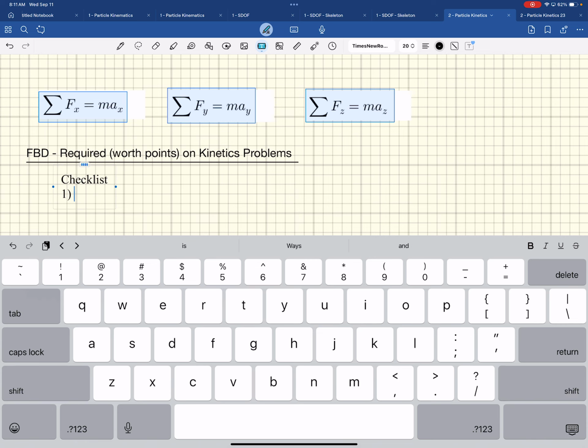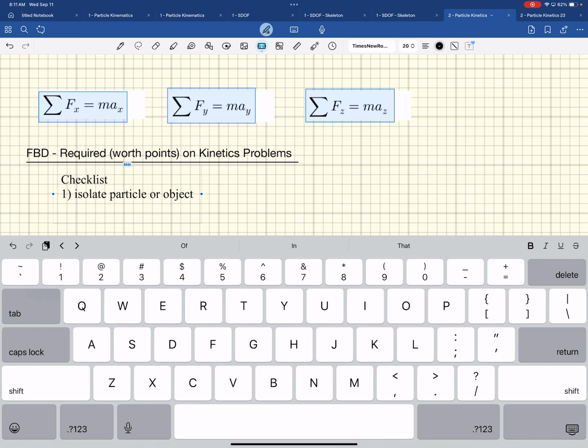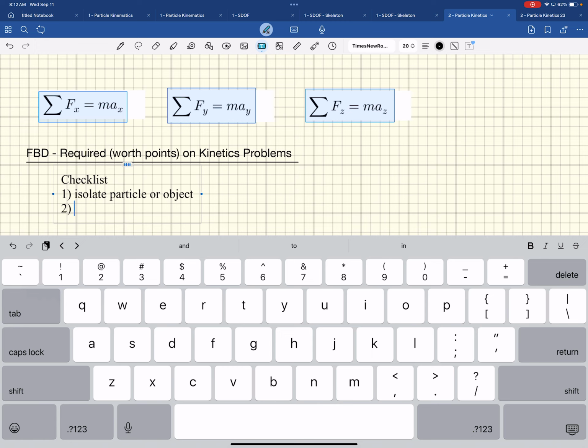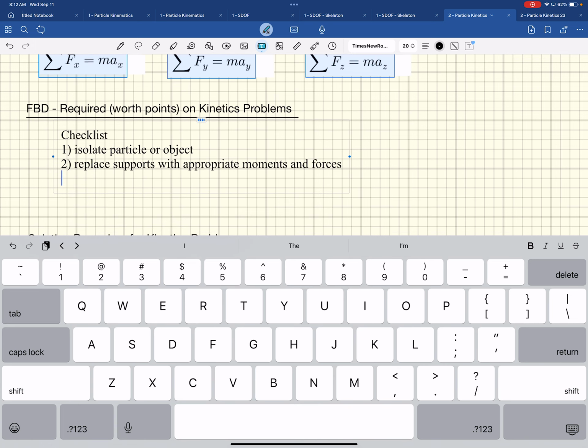First step, isolate the particle. It's pretty easy. In this case, it's usually just a dot, because they're particles. We're going to isolate that. We're going to replace supports with appropriate moments and forces.